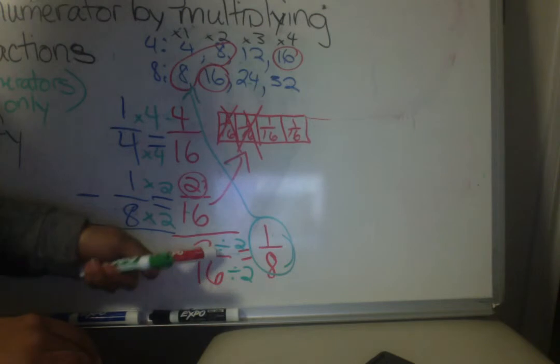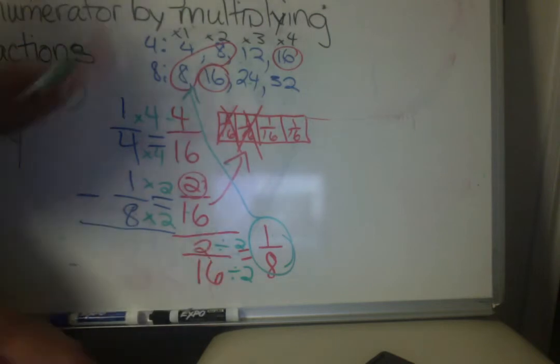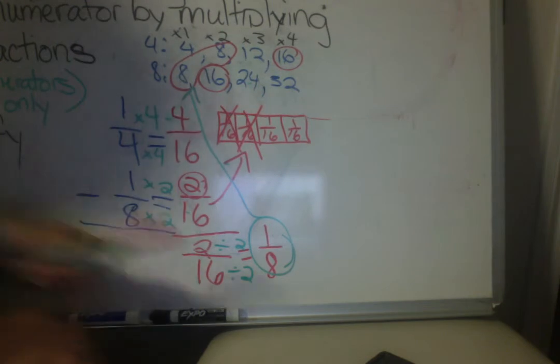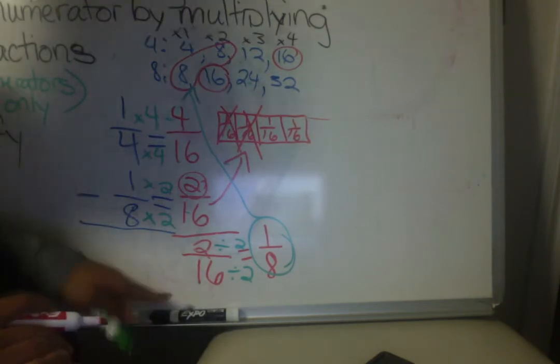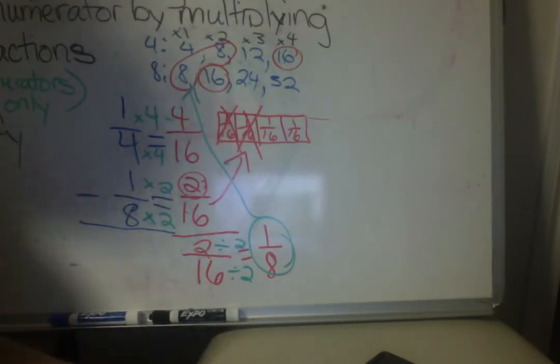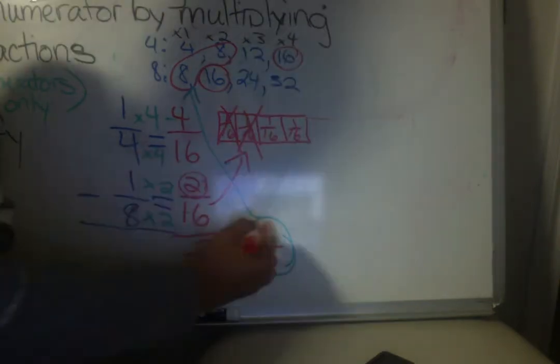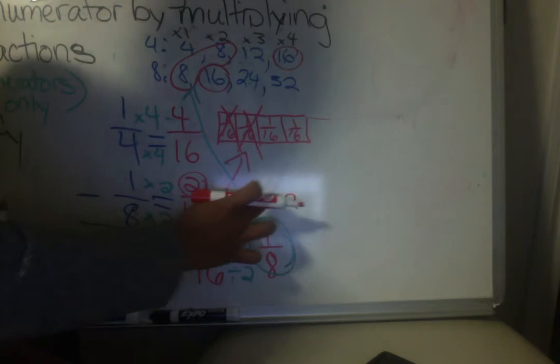Now remember, if you cannot figure out how to do this, with finding a least common denominator, we're multiplying, but when we are simplifying, we are dividing. So you would list your factors of each number. On this one, it's opposite.